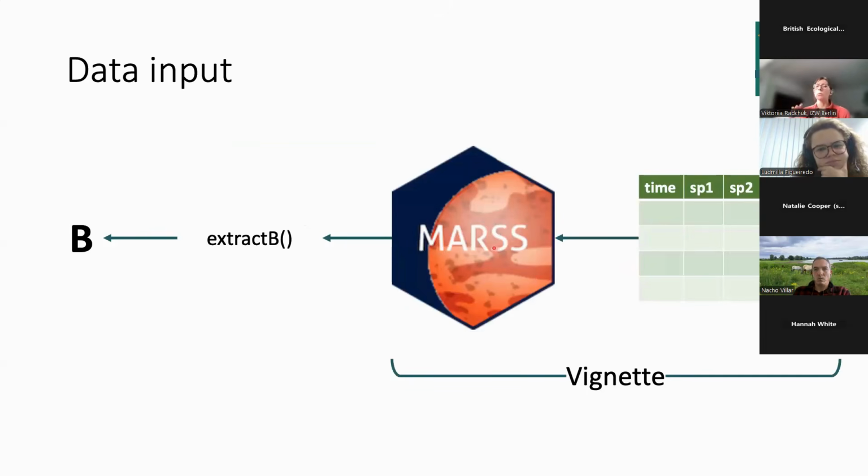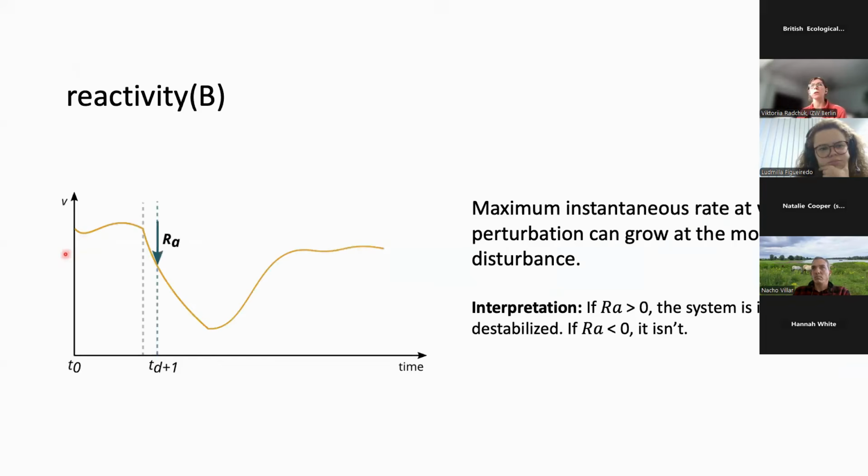So we basically call MARSS from E-star if the user gives as input a community abundance time series, to then extract B from that fitted model object. And then this matrix B is the only input that is needed for all of our Jacobian metrics.